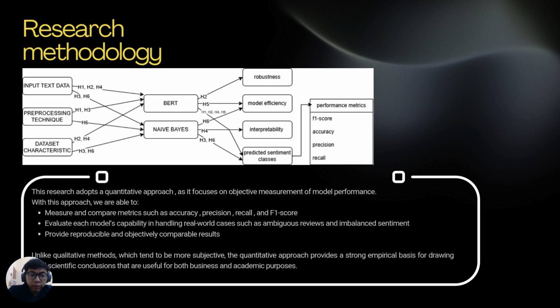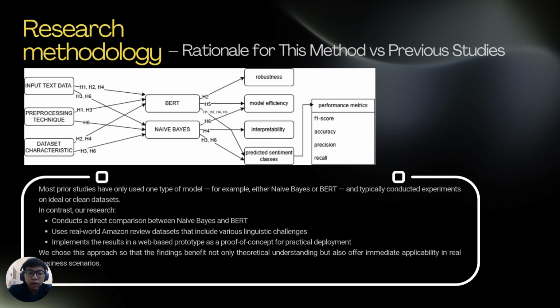The third is to provide reproducible and objectively comparable results. Unlike qualitative methods, which tend to be more subjective, the quantitative approach provides a strong empirical basis for drawing valid scientific conclusions that are useful for both businesses and academic purposes.